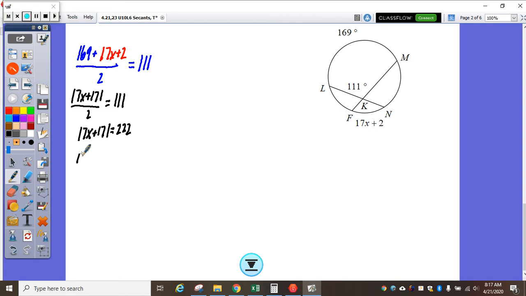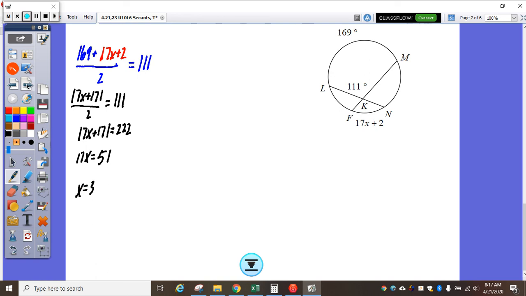So then we have 17x is going to equal 222 minus 171, which gives me 51. And so 51 divided by 17 is going to be 3. It's going to be my value of x.